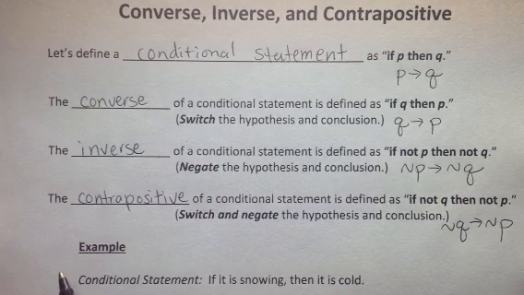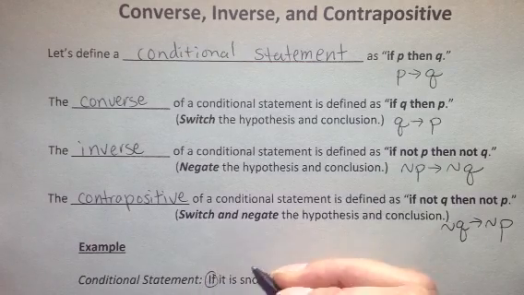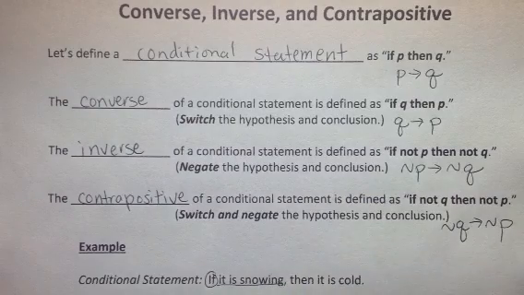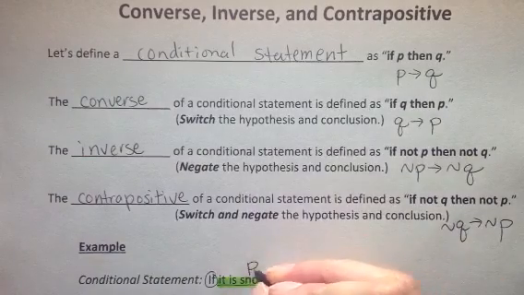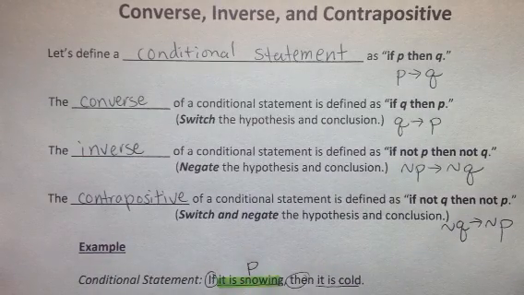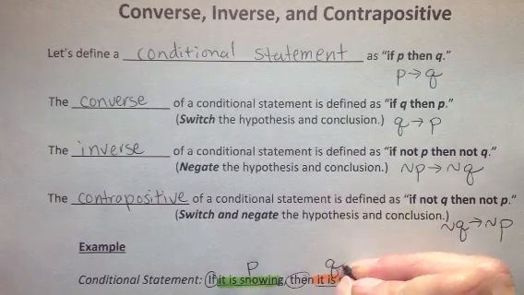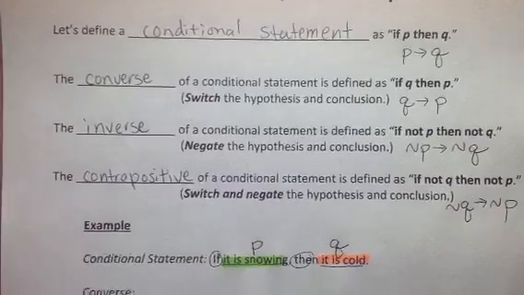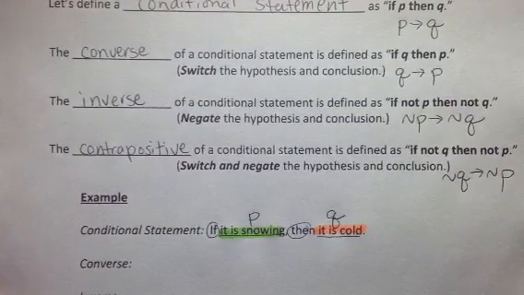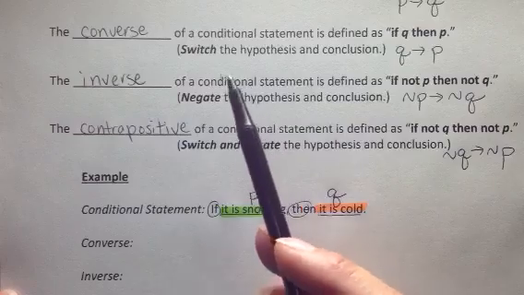We're going to use the conditional statement, if it is snowing, then it is cold. Here's my hypothesis with my if, there's my conclusion with my then. I'm going to use colors again for this. It's snowing is my hypothesis, I'm going to call that P, and it's cold is my conclusion, I'm going to call that Q. When I'm asked to first write the converse of this statement, I'm going to switch the two.